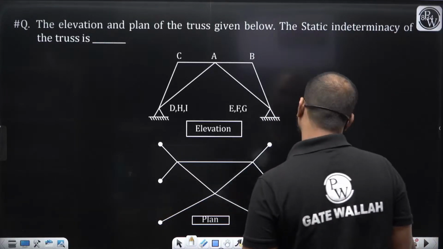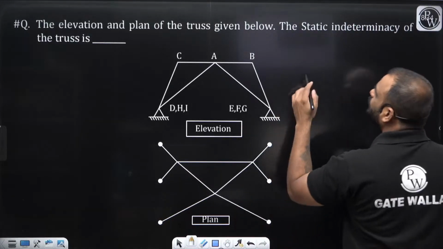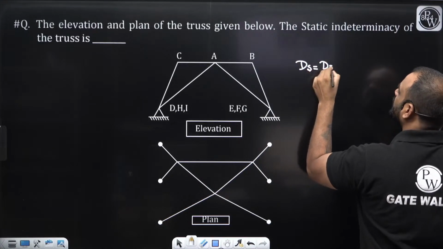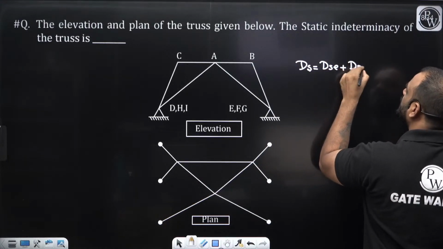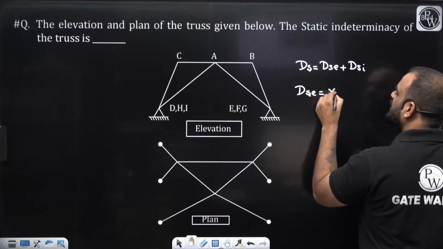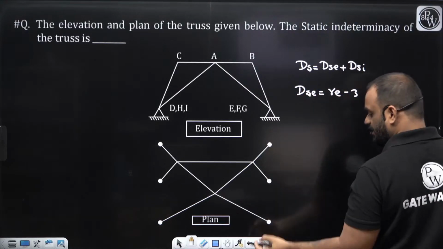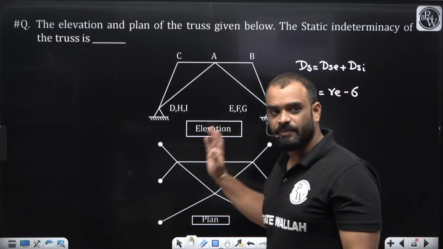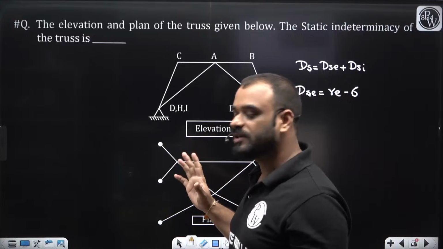So guys, listen very carefully. We need to find out the value of DS. So DS can be written as DSE plus DSI. So what is the value of DSE? It is RE minus 3, sir. Not RE minus 3, sorry, RE minus 6, sir. So how many external support reactions do we have for this particular structure?